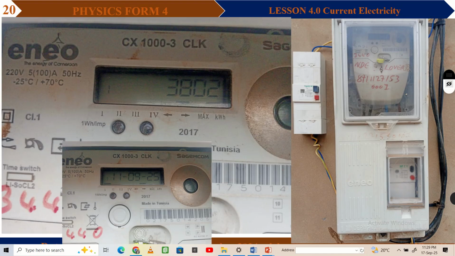And if you multiply that by the cost of 1 kilowatt hour, it will tell you the total amount of money I'm supposed to pay to the electricity company for the consumption. So that's how you connect it.